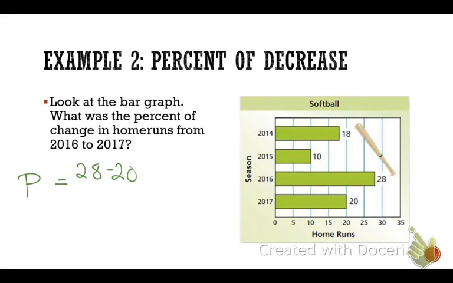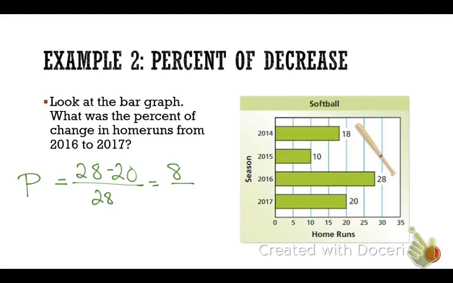The percent of change is subtracting these values, the original and the new. All right, Samuel? Okay. All right, 28 minus 20. What do I divide it by? 28. The original amount. Do you see how it says from 2016? Yes. Okay, so that's the original amount. That's why I divide it by 28.